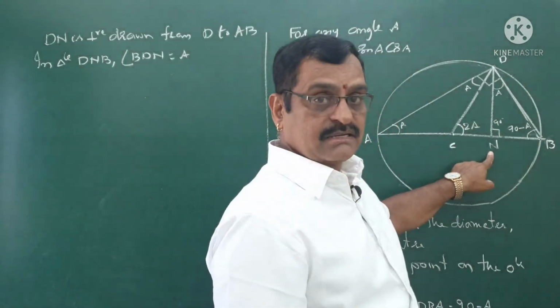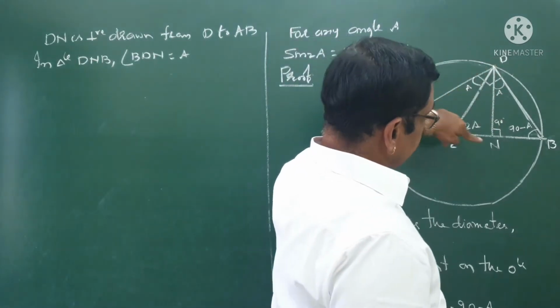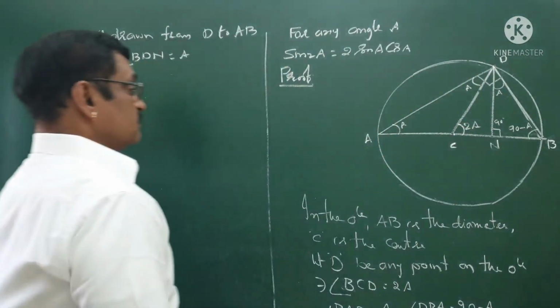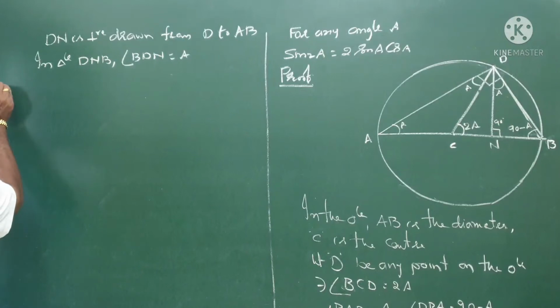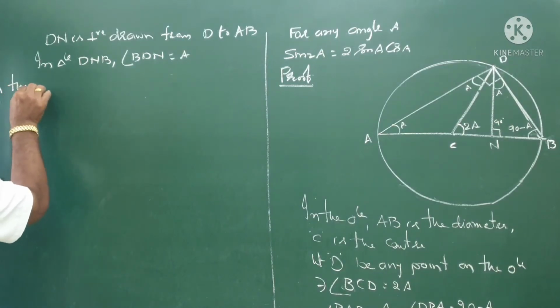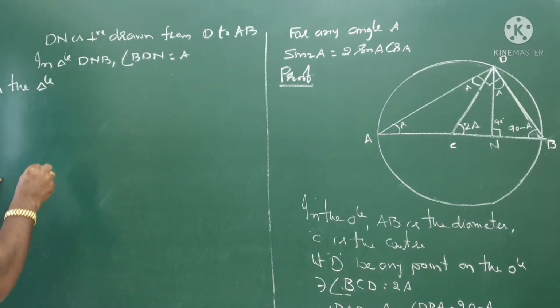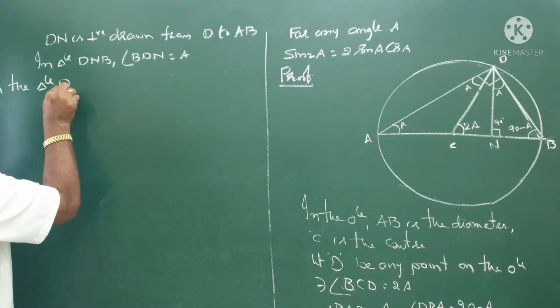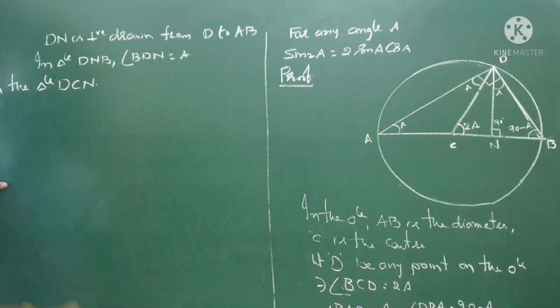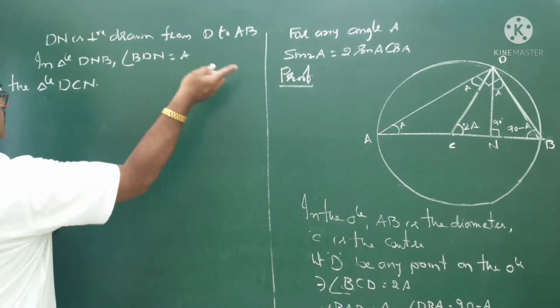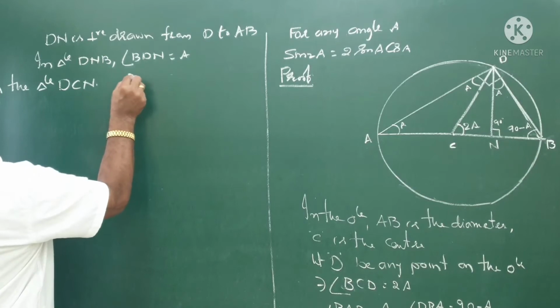DCN. In the triangle DCN, what is sine 2A? Because I am going to do sine 2A, I take sine 2A.